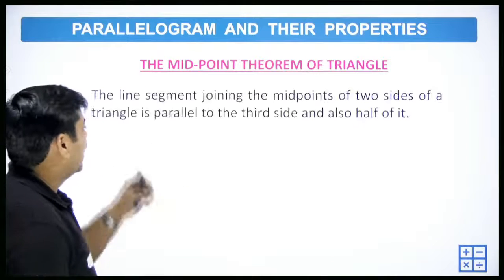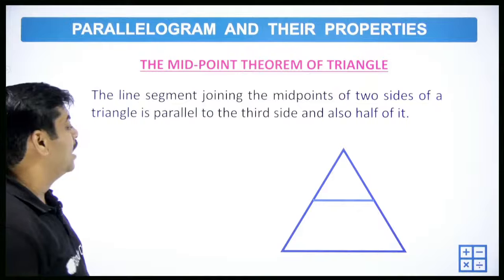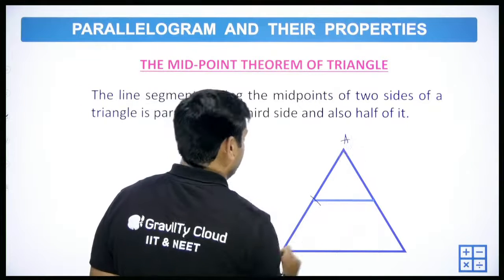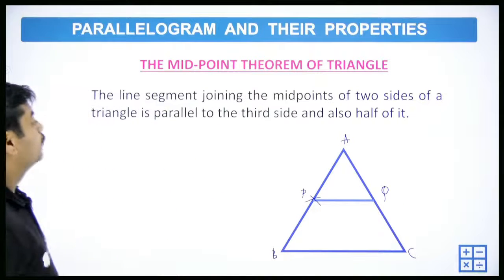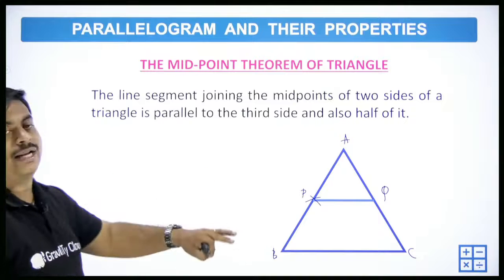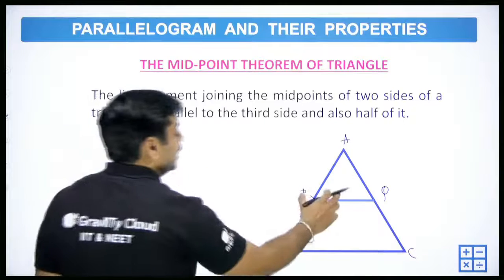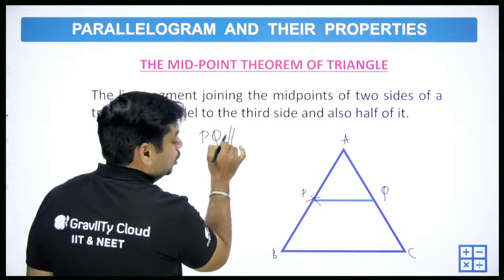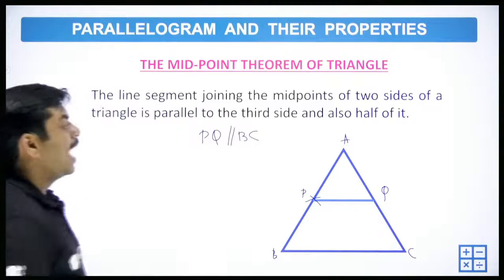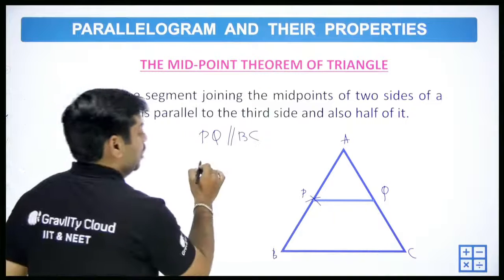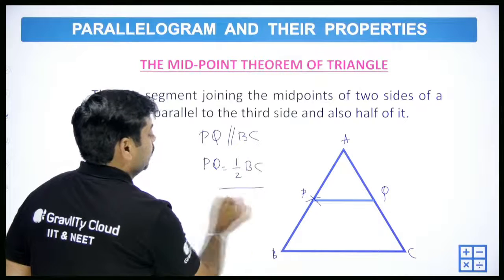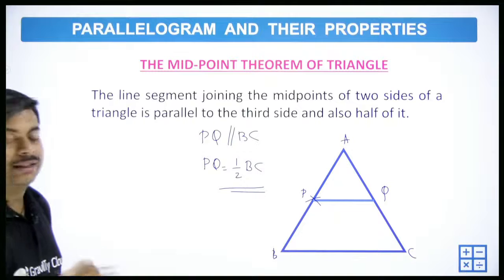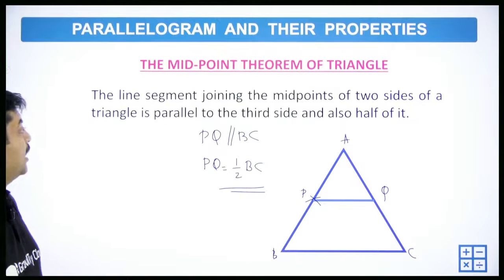It states that the line segment joining the midpoints of two sides of a triangle, say triangle ABC with P and Q the midpoints, is parallel to the third side and also half of it.